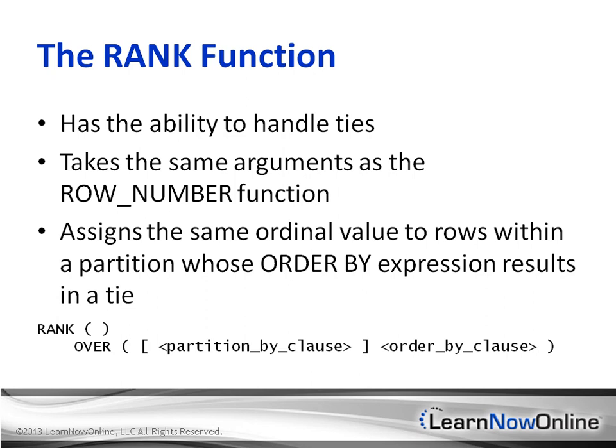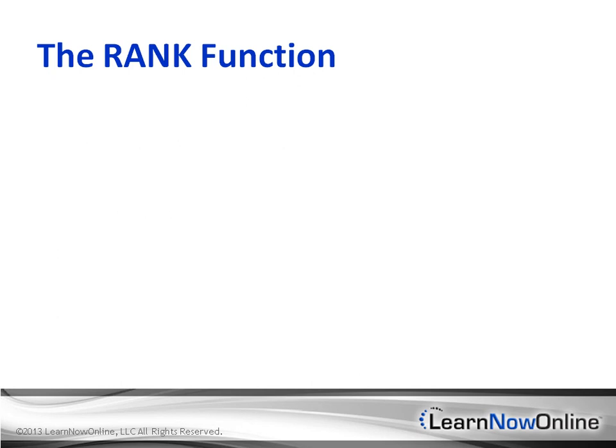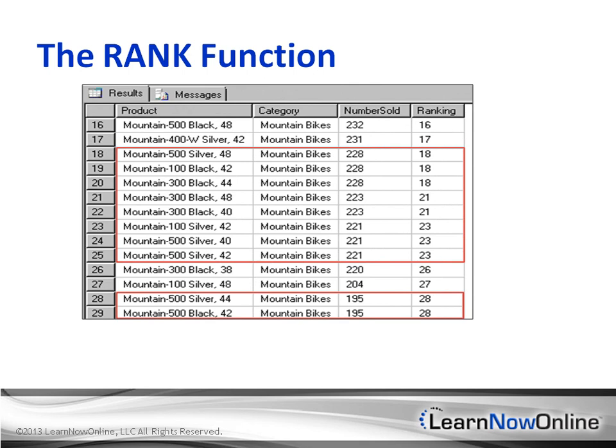Again, same exact syntax as the row number function. And here's an example of what the output looks like when we execute a query that results in some ties. You can see here that rows 18, 19, and 20 for the mountain bikes all had the same sales volume, so they are assigned the same ranking.